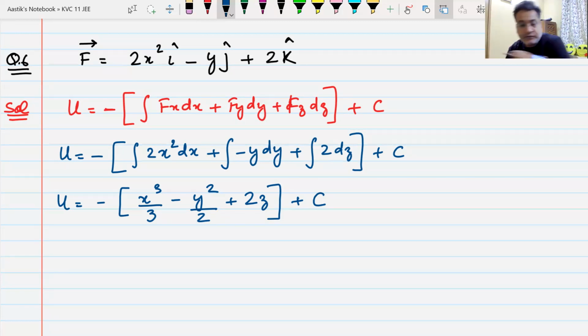Okay. Chalo. We move on to the next heading. And the next heading is potential energy curve. What is this potential energy curve?